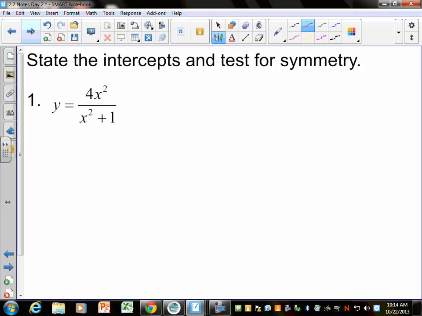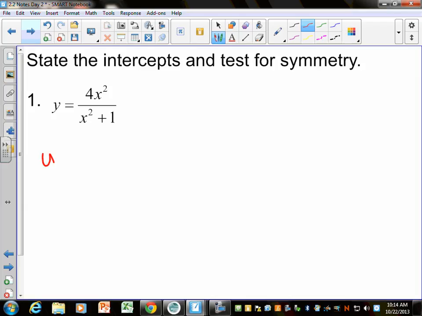So, the homework today, most of it says state the intercepts, which we've been doing, and also test for symmetry. I don't know about you, but I don't want to graph this equation, so we want to be able to test for symmetry algebraically. The intercept part is nothing new, right? For the intercepts, we're just going to plug in 0 for one and solve for the other. Which one do you want to plug in 0 for first, x or y? That'd be the easiest one, right?